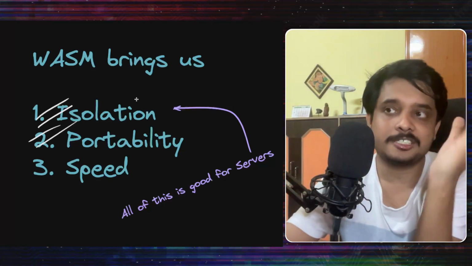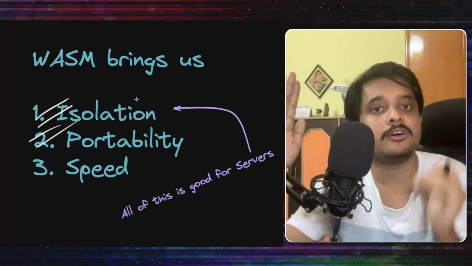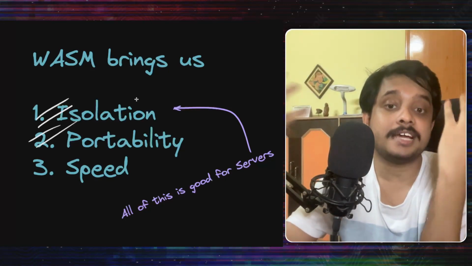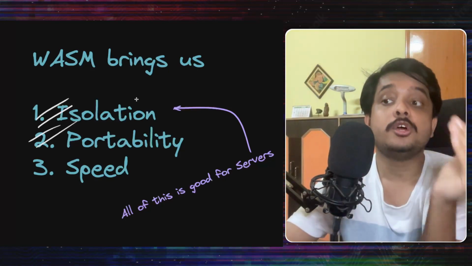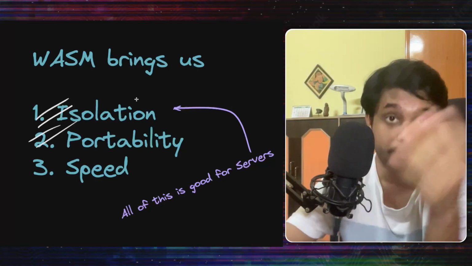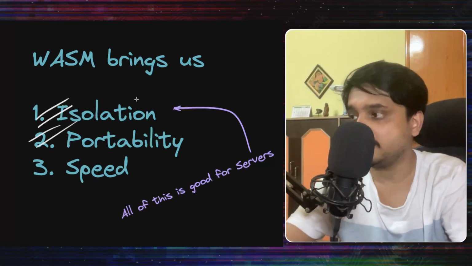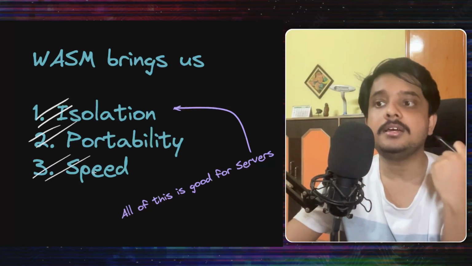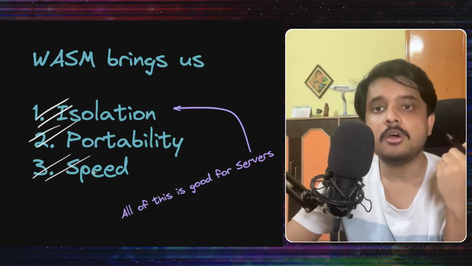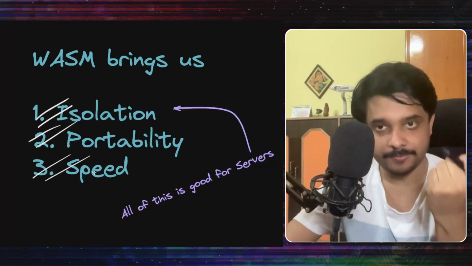So that's why WebAssembly gives us that standard set of instructions, that standard set of things that it can do. And we take our programs and we convert them to that specific set of instructions and we run them everywhere. And then comes speed. Now, obviously, as I said, a primary goal of building WebAssembly was speed itself, right?